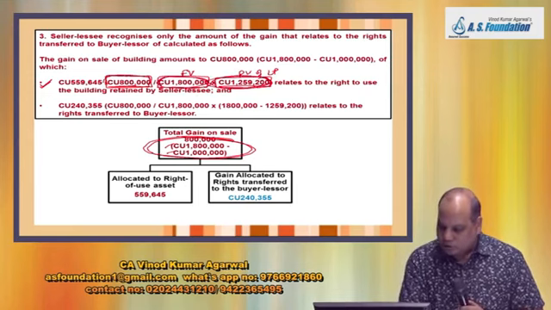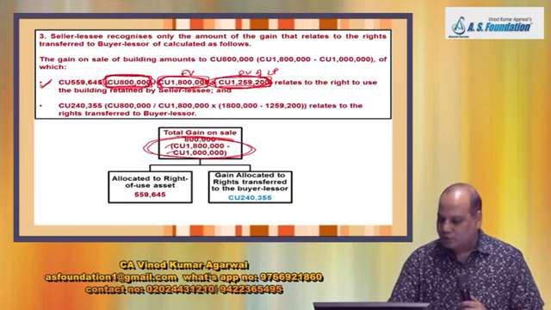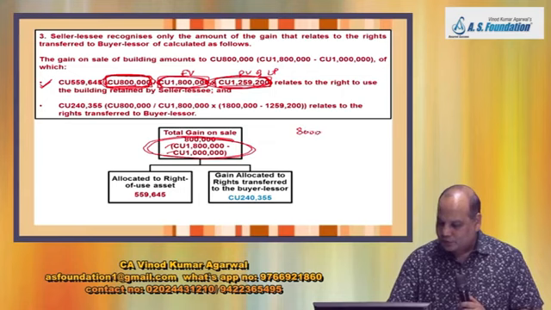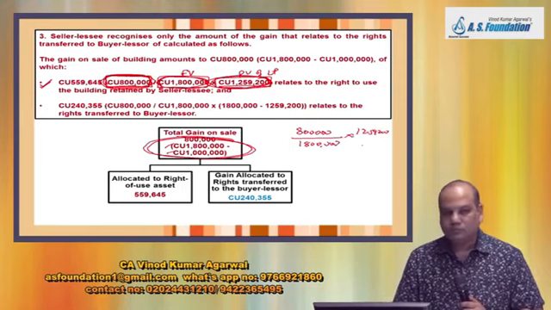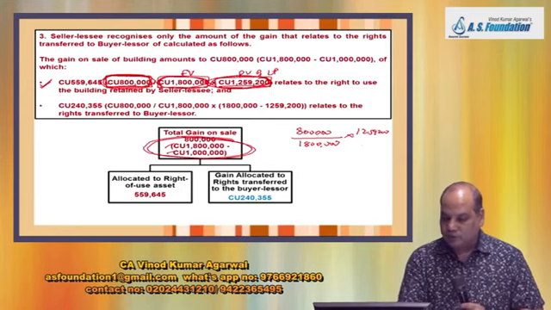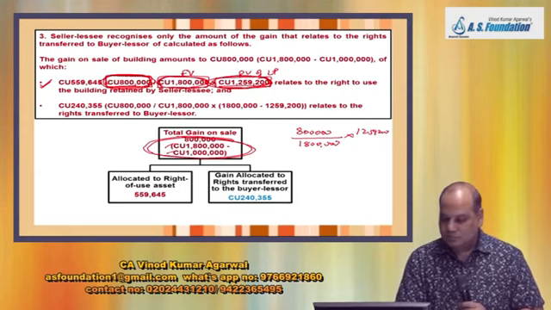So I will only recognize proportionate profit. Take your calculator. First type 8 lakh, divide by 18 lakh, into 12,59,200. That gives 559,645.